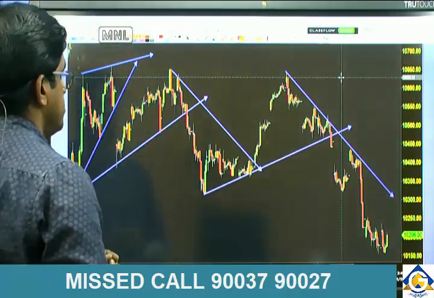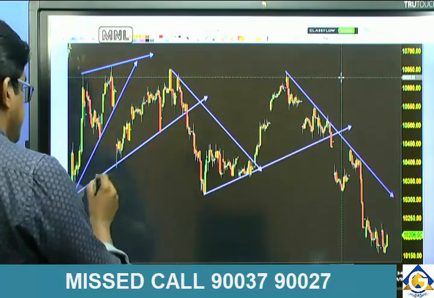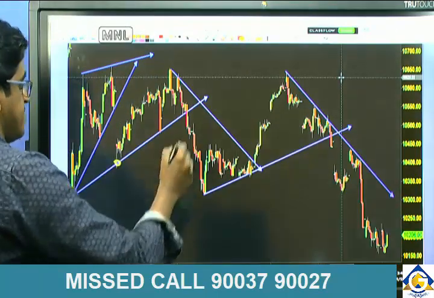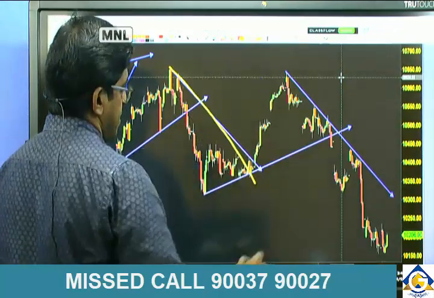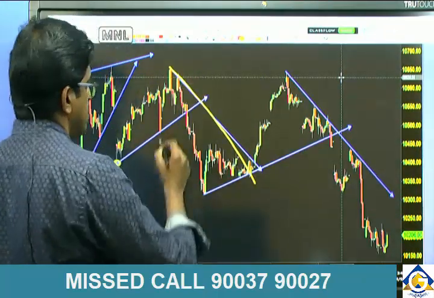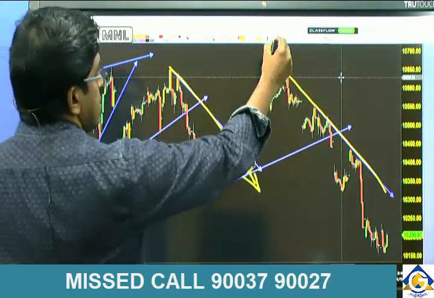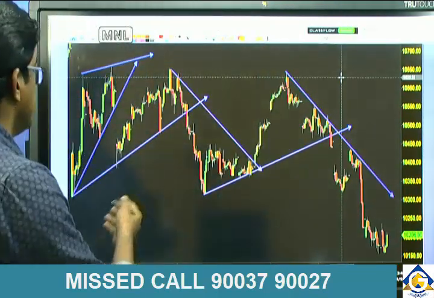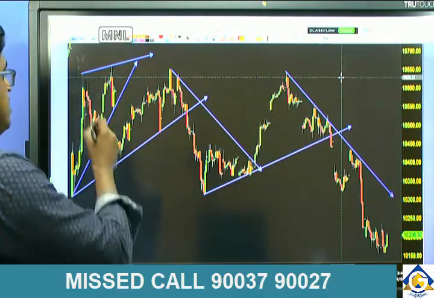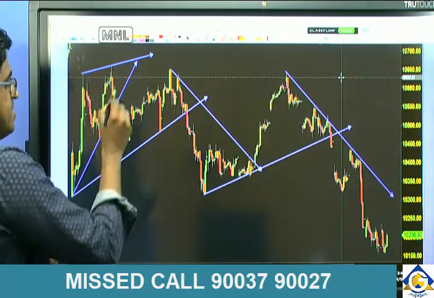So how do you draw an uptrend line? By connecting the lows you can draw an uptrend line. By connecting the highs, falling highs, you can draw the downtrend line. We had drawn multiple lines here, so you can easily understand. Even in this way you can draw a trend line.